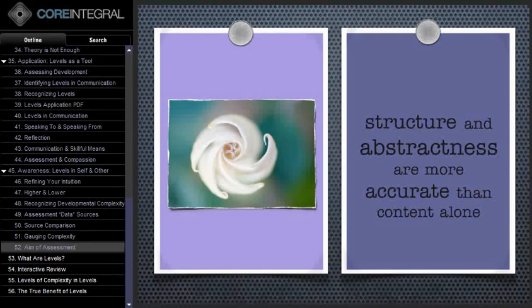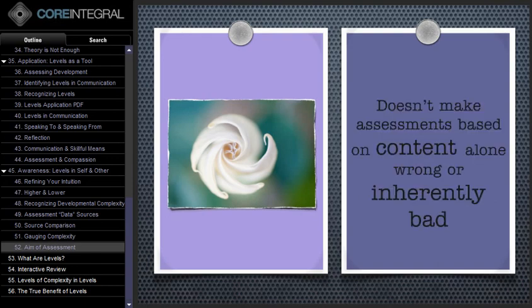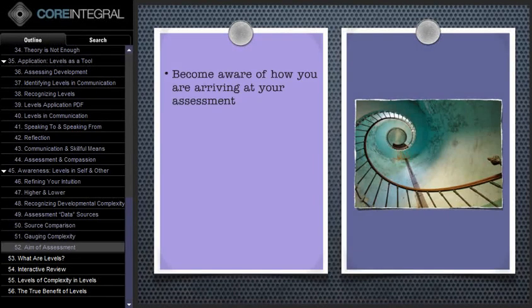Yes, structure and abstractness, while harder to track, are more accurate than content alone. But it doesn't make assessments based on content alone wrong or inherently bad. As you continue to recognize developmental complexity as present in the expressions of self and other, we recommend you aim to first, become aware of how you are arriving at your assessment.